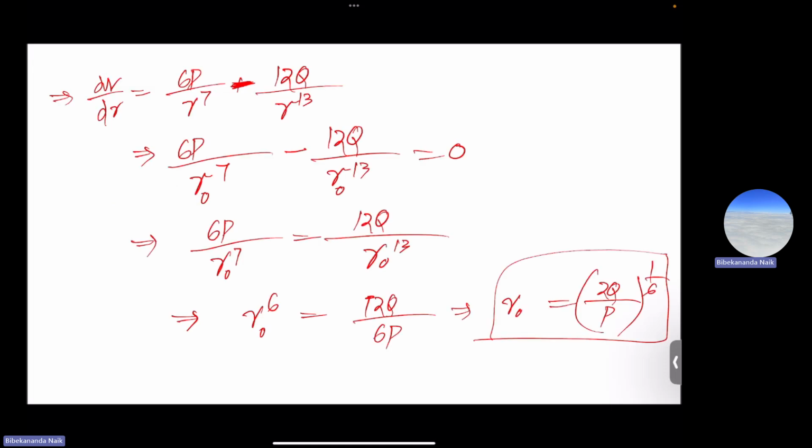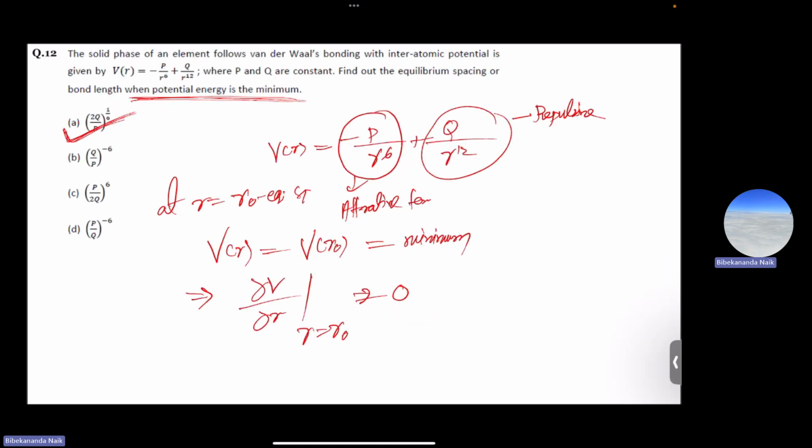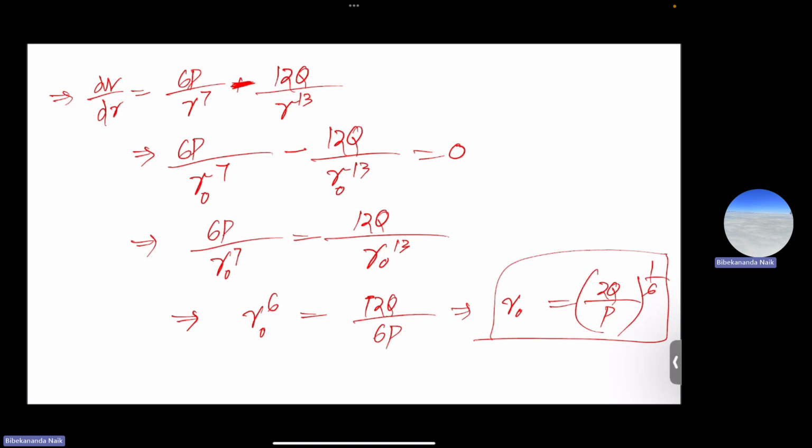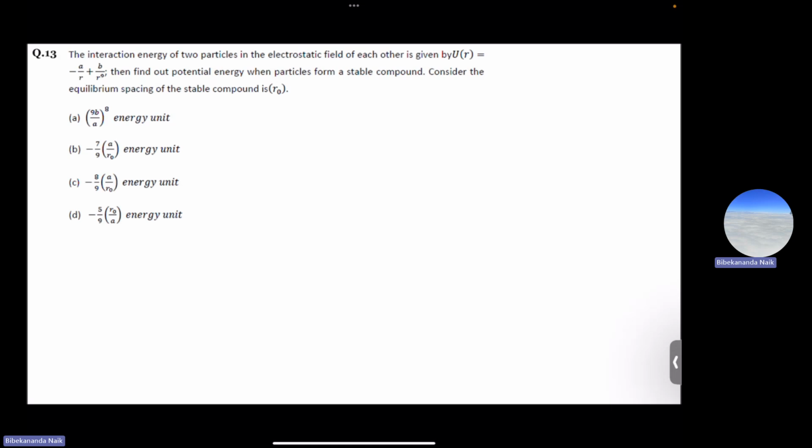So in the previous question, we only calculated the equilibrium spacing, but here we will calculate the energy at that equilibrium spacing. So we have U(R) equals minus A by R plus B by R to the power 9.